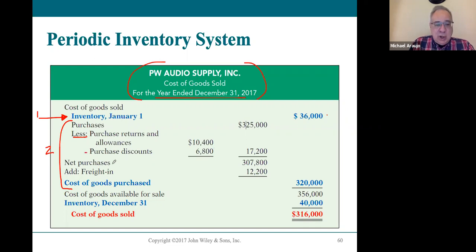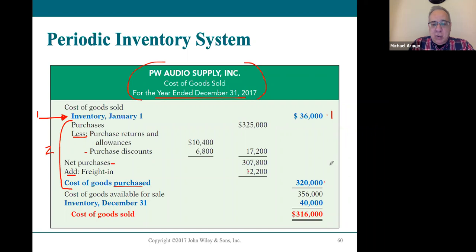So the net purchase of inventory was actually $307,800. However, as you know from Learning Objective 2, when you're buying inventory and you have to pay freight, it increases the cost of your inventory. So they add the freight into the inventory costs, and the total amount of what they purchased was $320,000.